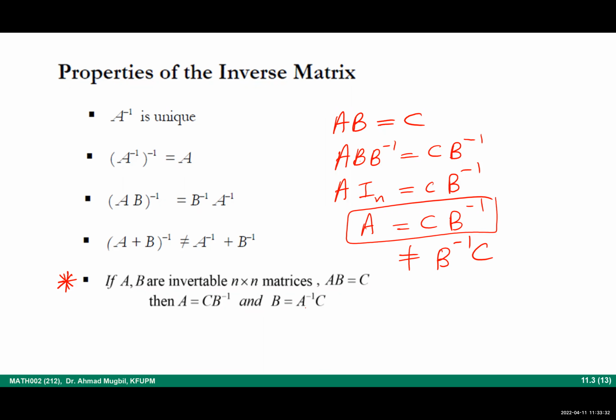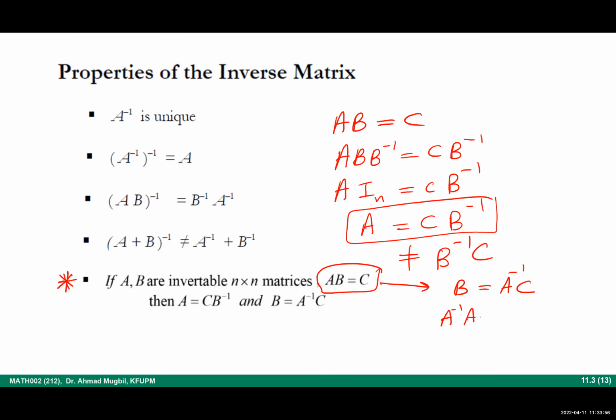And B also, B will be what? B is equal to A inverse C, not C A inverse. Be careful. Why is that? Because look how to find B in this case. To find B, you will multiply both sides by the inverse of A from where?